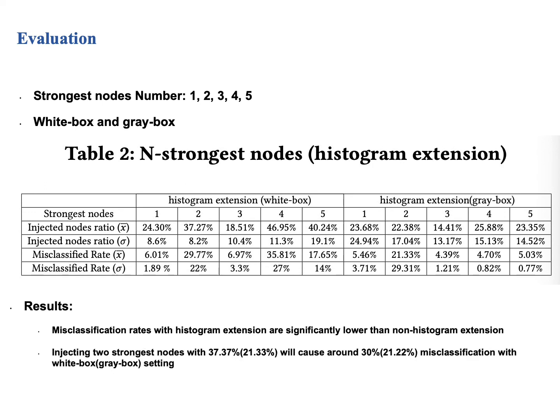We get nearly 30% misclassification rate with the white box setting, and in this situation we need to inject about 37% of the nodes. Another result we can get from Table 2 and Table 1 is that white box attacking gets a better misclassification rate than gray box. Of course, in the white box setting, we can get more information about the target training.